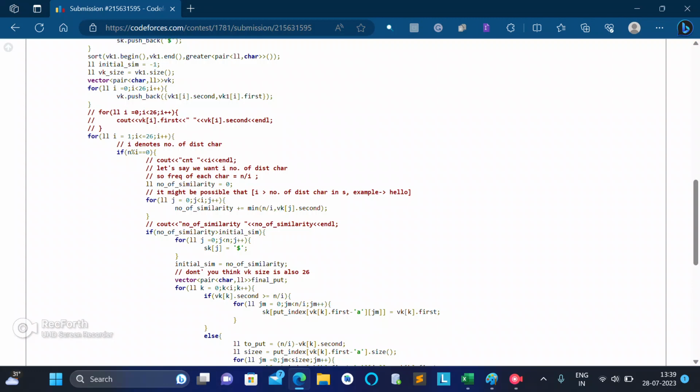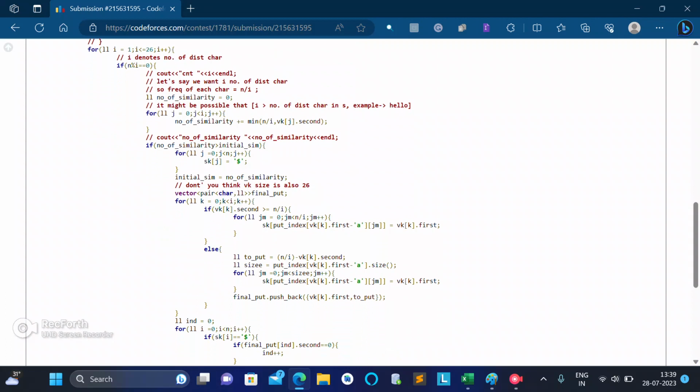N by i means the frequency which I want every character to have, and vk of j dot second represents the frequency it is having. I've taken the minimum of them, and then if the number of similarities beats the initial similarity, I have updated the initial similarity.